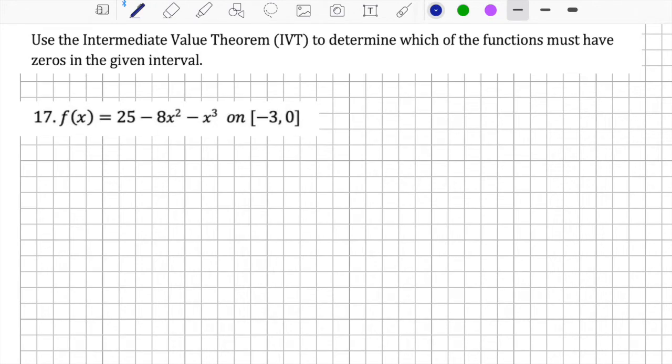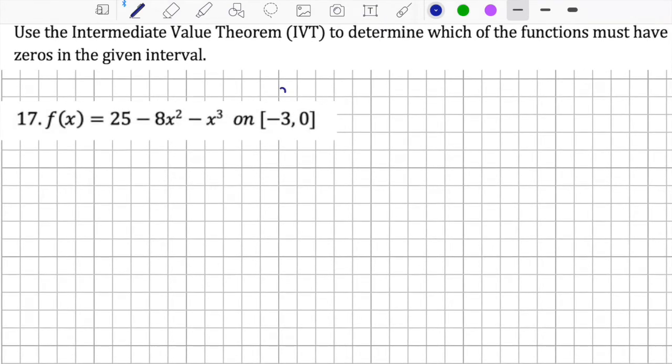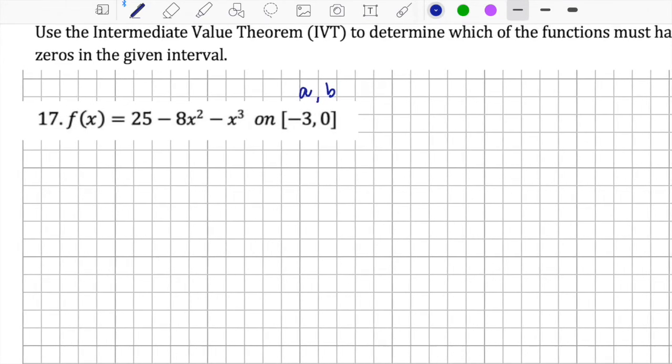So for this one, we're going to need a calculator. Let's see. So now what we want to do is just evaluate f of a and f of b. So meaning this is your a, this is your b. So let's see.